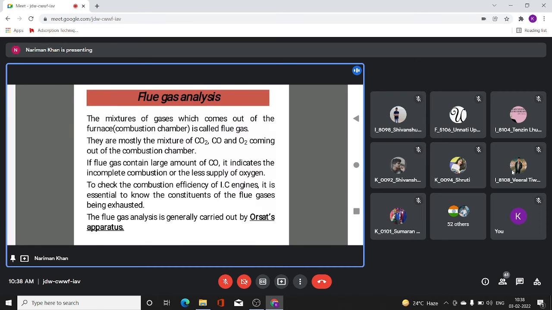The major composition of flue gas is carbon dioxide, carbon monoxide, and oxygen. This can be asked in MCQ.